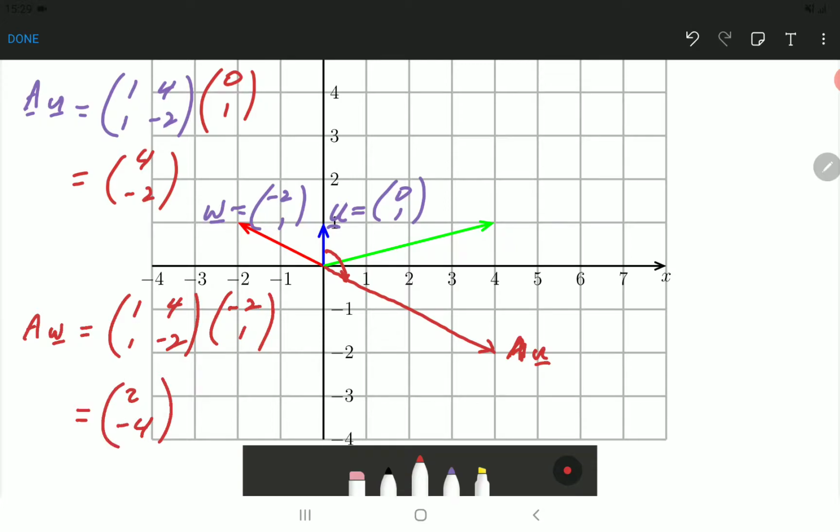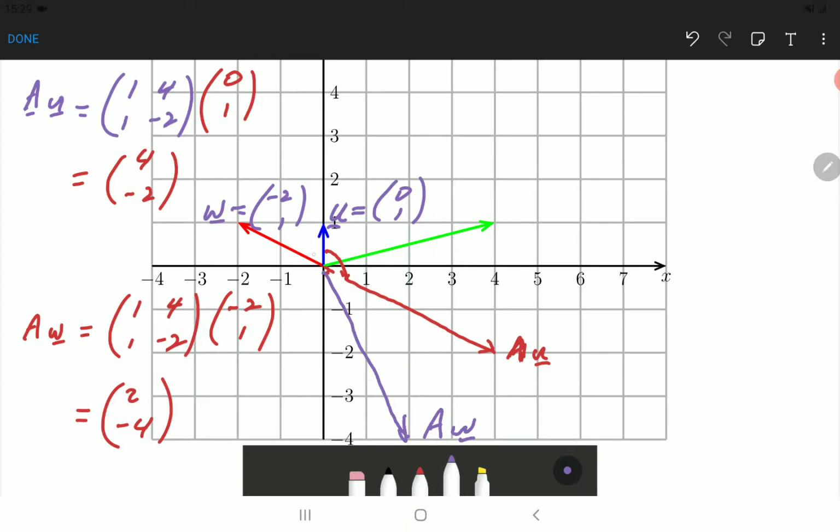Okay, so this time the image of w is going to be 2, minus 4. So that vector is going to be right about there. Let's put it in this color, right about there. So that is Aw.